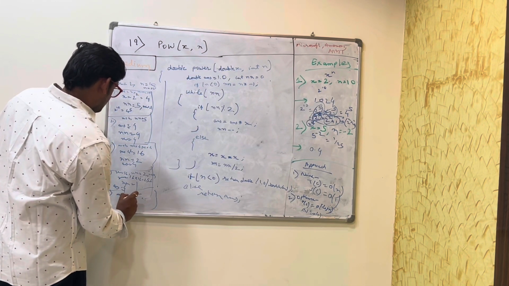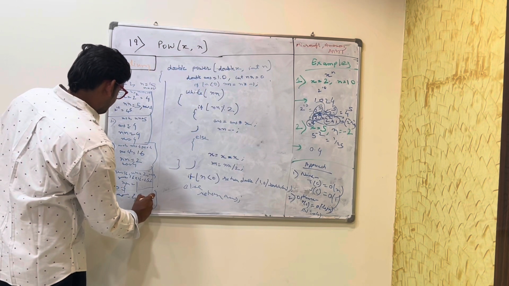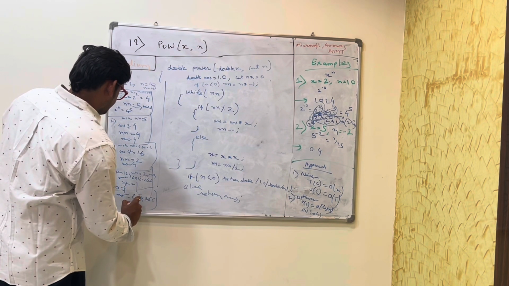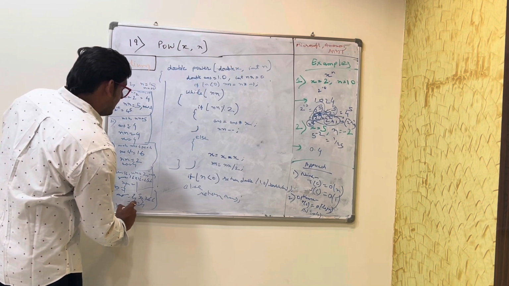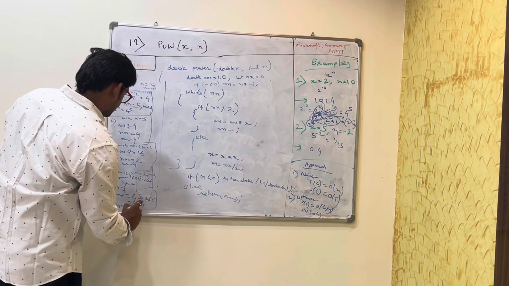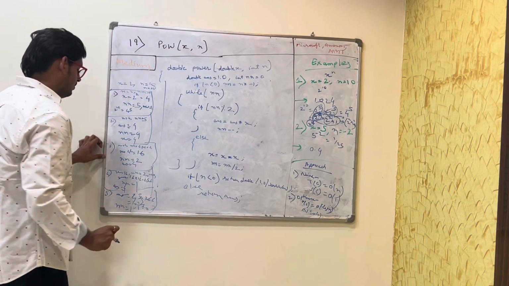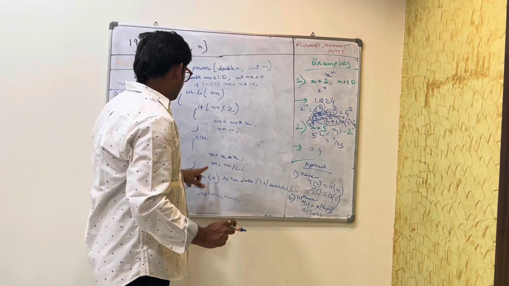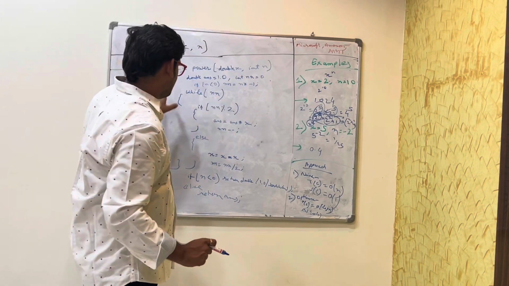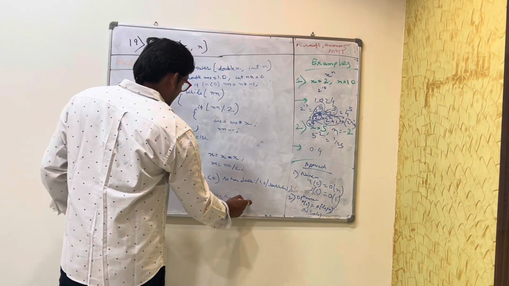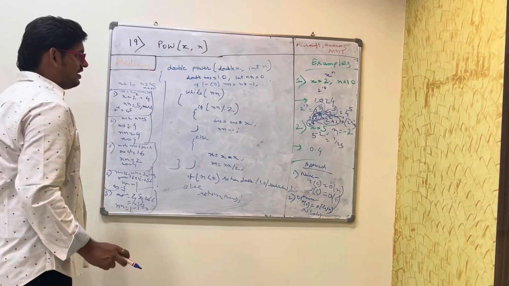Answer was 4, so 4 into 256 is 1024. And n will become 1 minus 1, that is 0. So this is completed, as n is 0 now. It will come out of the loop and we have our answer as 1024.